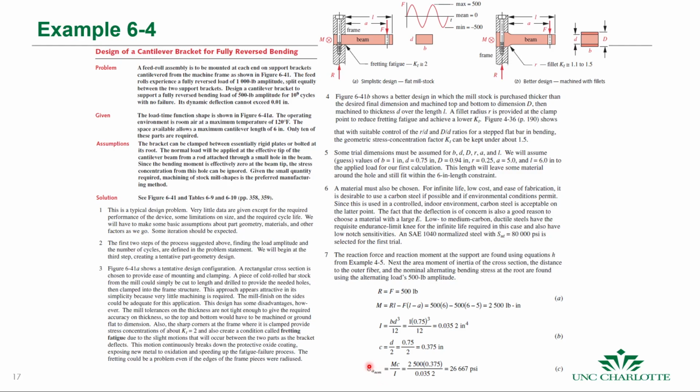Okay, this stress is due to bending, right? So this is our bending stress in that material, and it's 26,667 psi, which is a little under half of the ultimate tensile strength for that material.